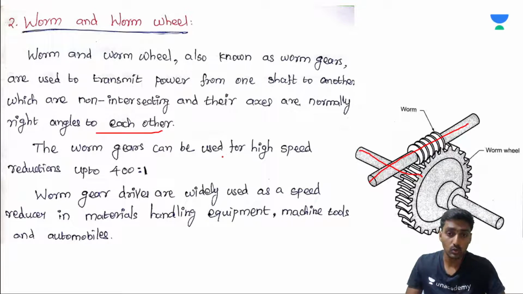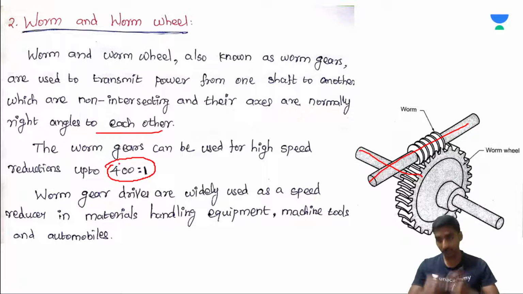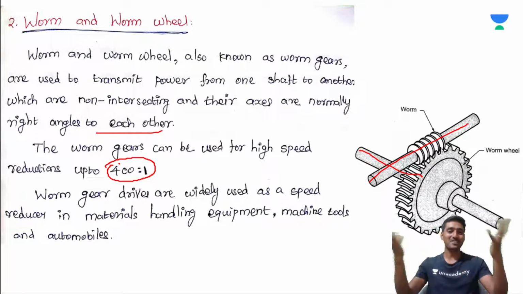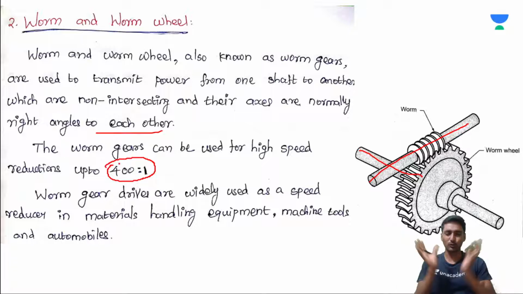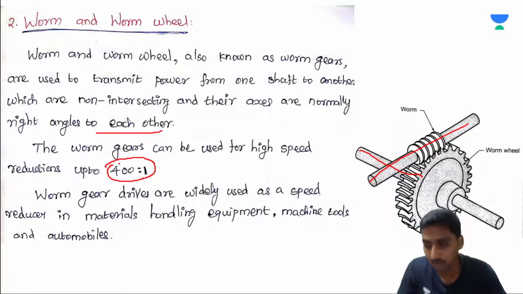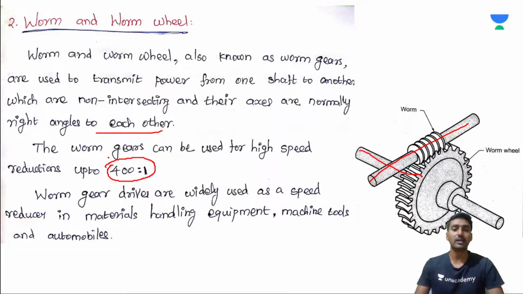Worm gears can be used for high speed ratios. Up to 400:1 speed reduction is possible only in the worm and worm wheel, not in other gears. Is it possible through spur gears? How big would the gear and how small would the pinion need to be to mesh? And the meshing gear modules are always the same, so the ratio of diameter to number of teeth also needs to be maintained.